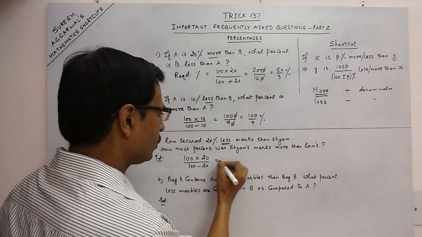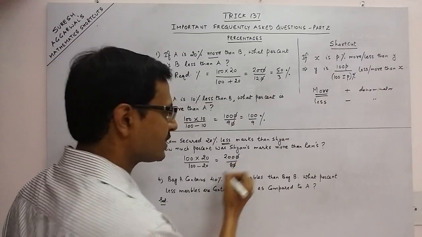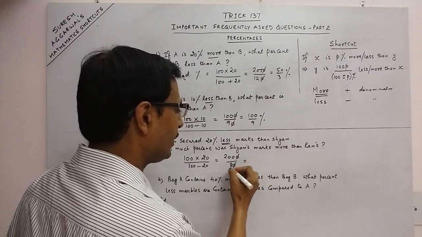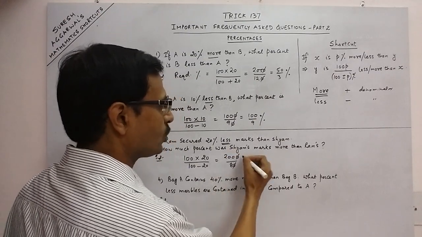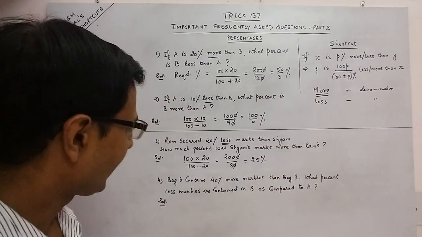So we get 2000 upon 80. 1 0 cancels out. Again we can cancel this out. Exactly 8 goes 25 times 200. So 25% is your answer.